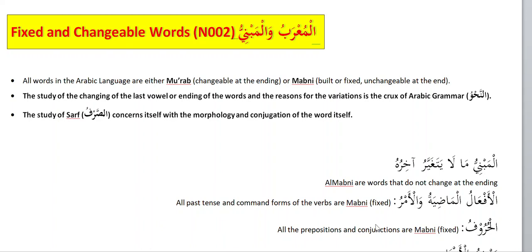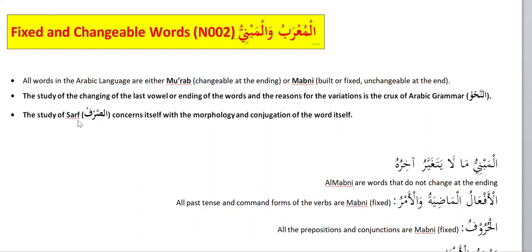This chapter is al-mu'rabu wal-mabniyu, but we stop of course with a sukun. Al-mu'rabu means words that change at the ending, and al-mabni means words that are fixed, they are built, structured like that, they don't change.